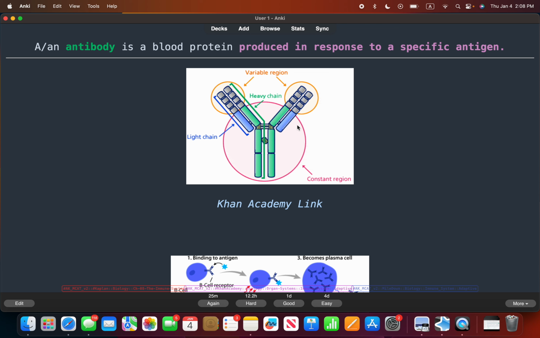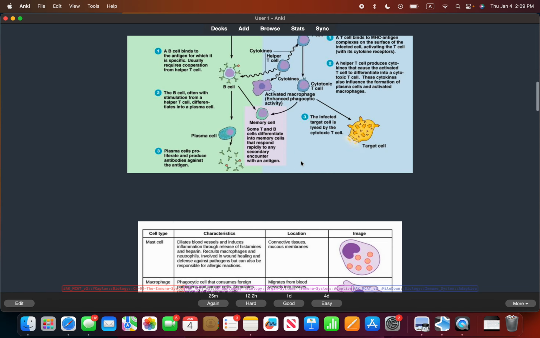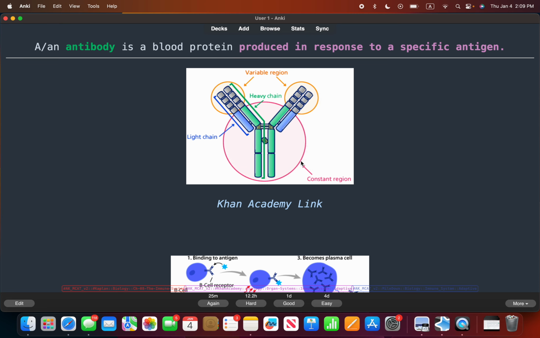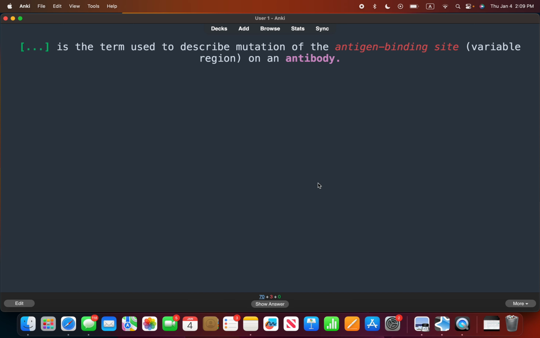So 2 light chains in total, and 2 heavy chains also in total. And there is also a constant region, and we can see that the constant region is stabilized with the heavy chain. And that's the structure for antibodies. But since we didn't get it this time, we have to do it again.